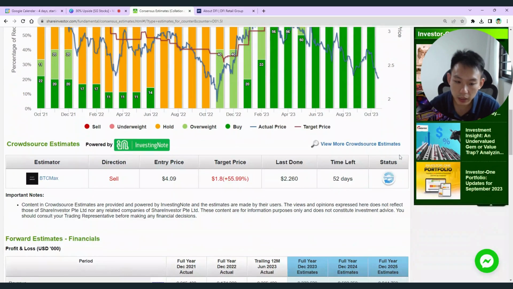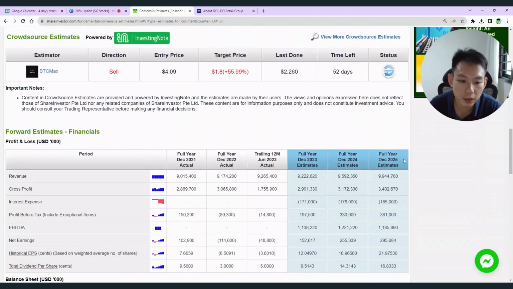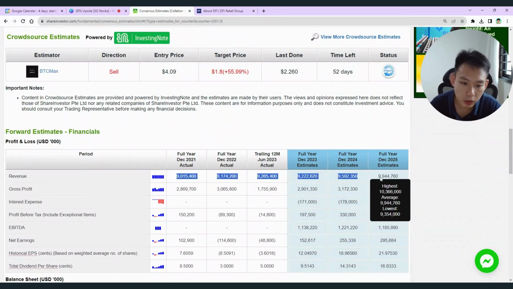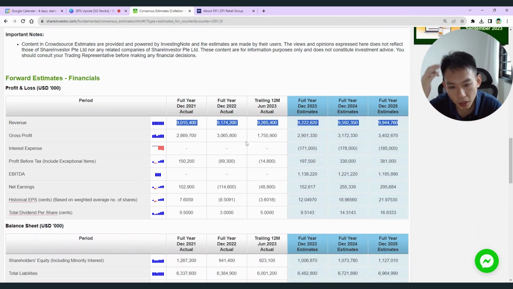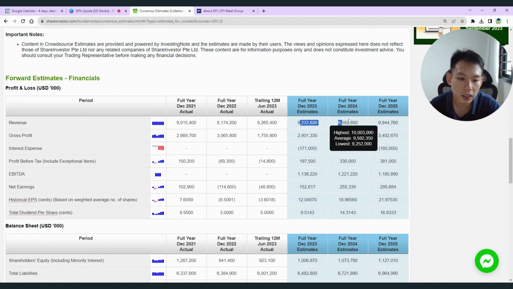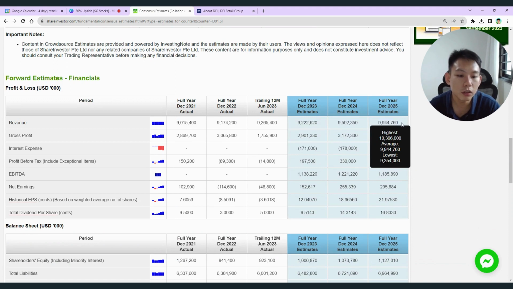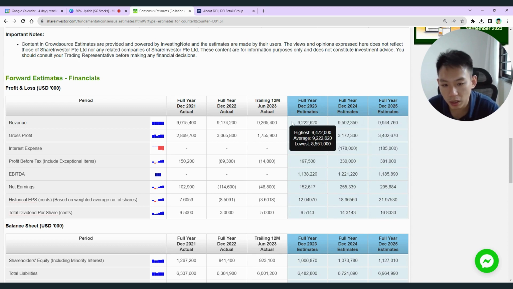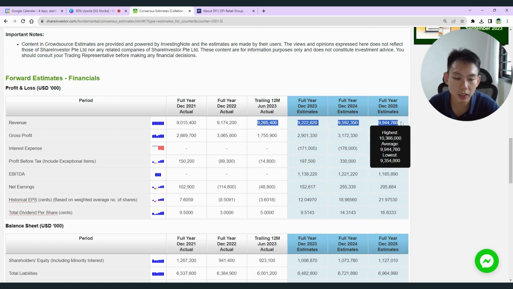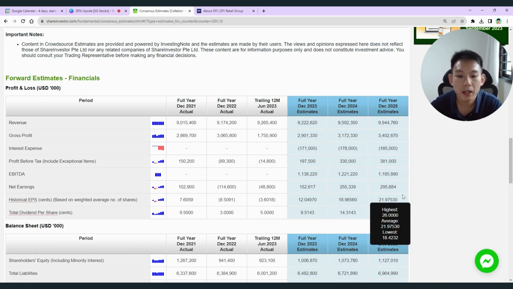Next, let's look at their forward estimates. You can see here that although the revenue has been quite stable in the past 3 years, analysts think it will increase gradually to around 10 billion in 2025. It's not a lot, because it has already come from a very big base, but it is still on a gradual upward trend.